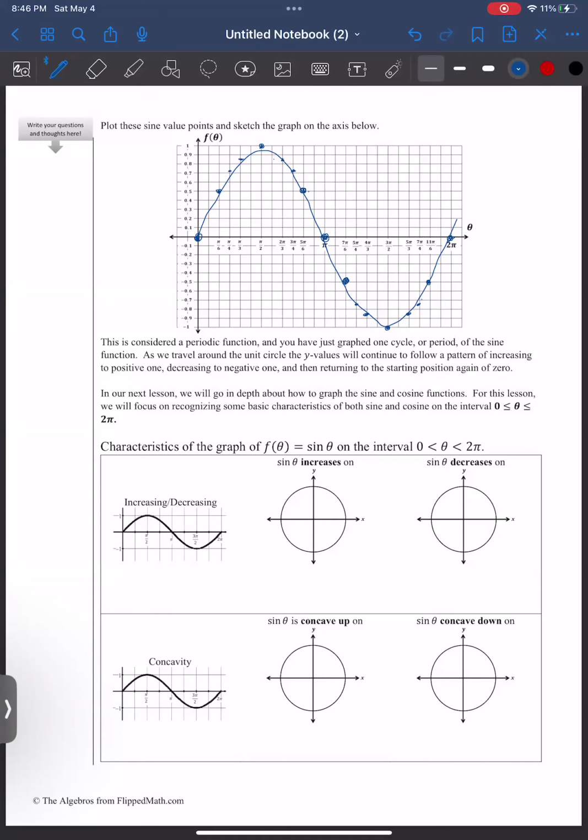On the graph itself, I am increasing from 0 to pi over 2. So if I'm looking at the circle, I'm from here to here, from 0 to pi over 2. But I'm also increasing from 3 pi over 2 to 2 pi, so in this section down here.